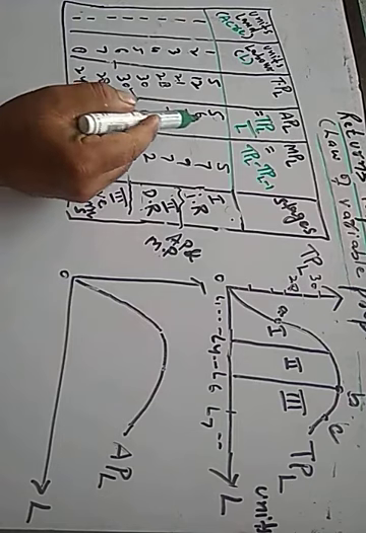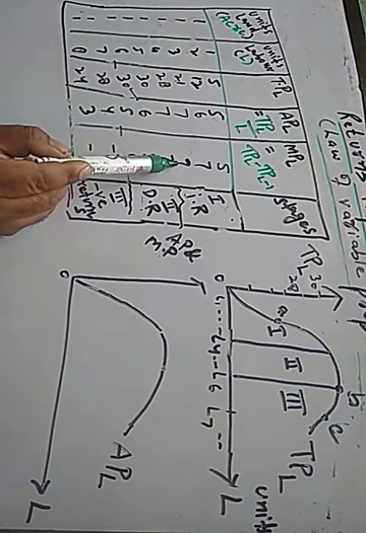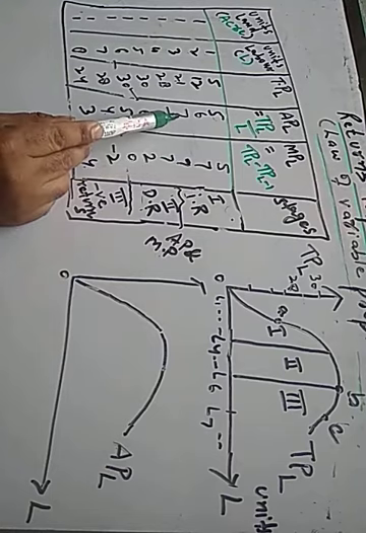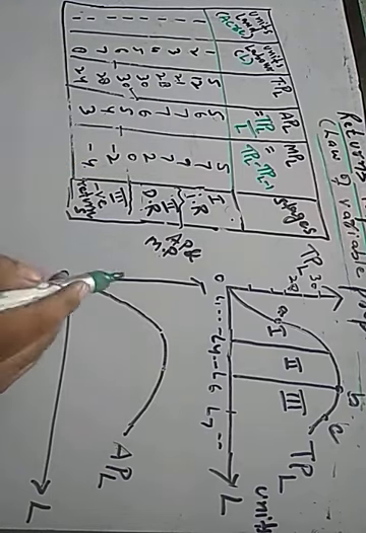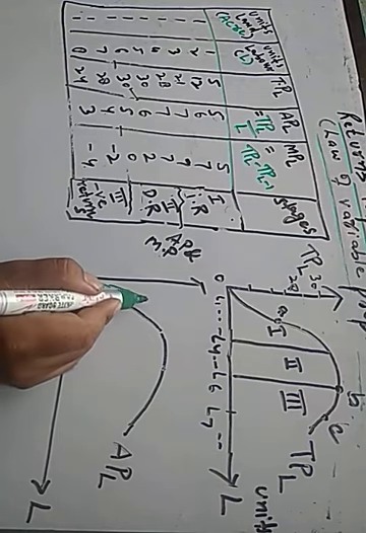As I have told you that in the first stage the value of marginal product of labor is greater than the value of average product of labor, therefore it will lie above in the first stage, marginal product of labor curve.